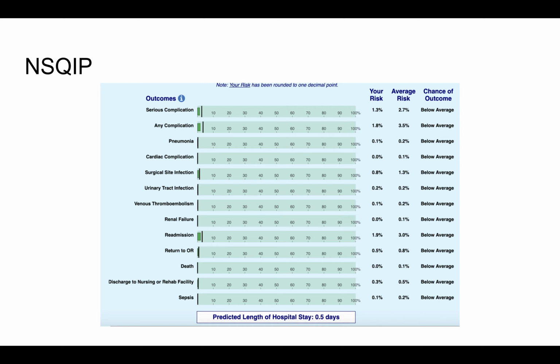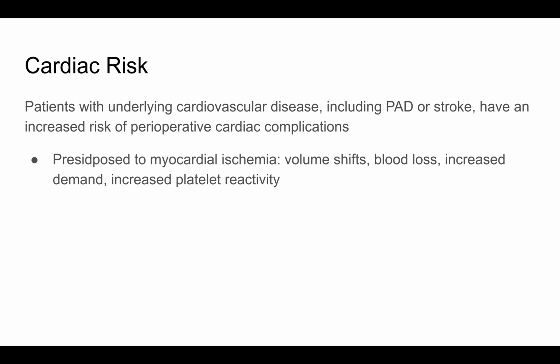Readmission rate is only 1.9% for myself versus a higher 3% readmission rate overall, but it gives you a lot of these other outcomes: any complications, pneumonia, cardiac complications, surgical site infection, UTI. So you put in a little bit more information, but it also gives you a little bit more with it as well.